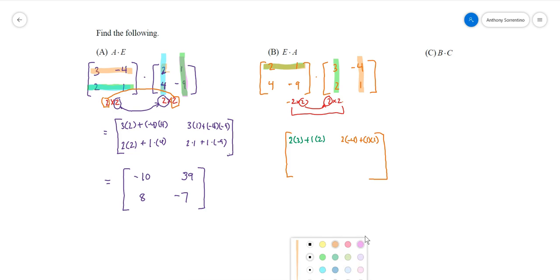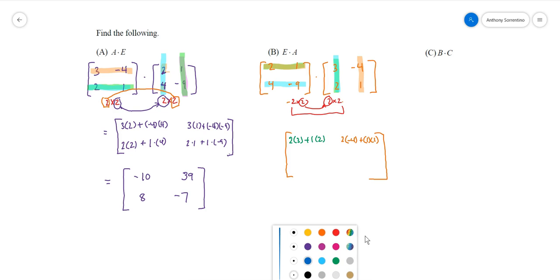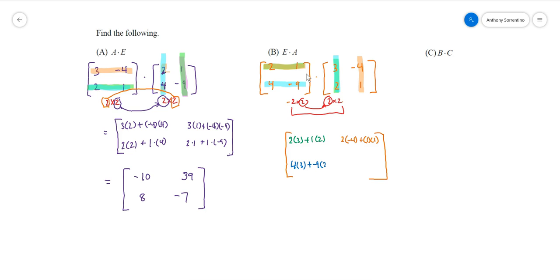Now I'm going to do row 2 of this one and column 1 of this one, and I'm going to get 4 times 3, which would be multiplying these two, plus -9 times 2.